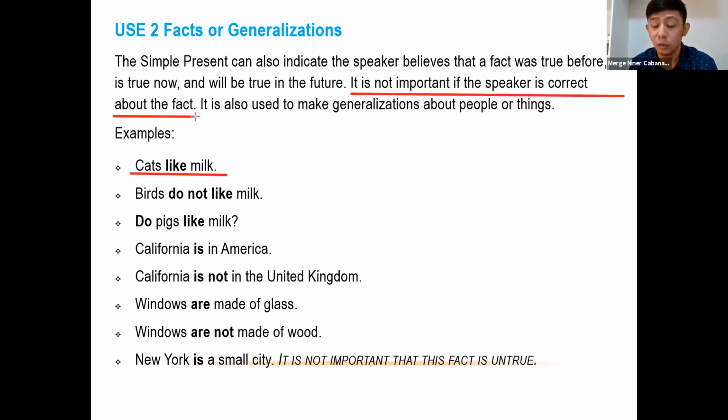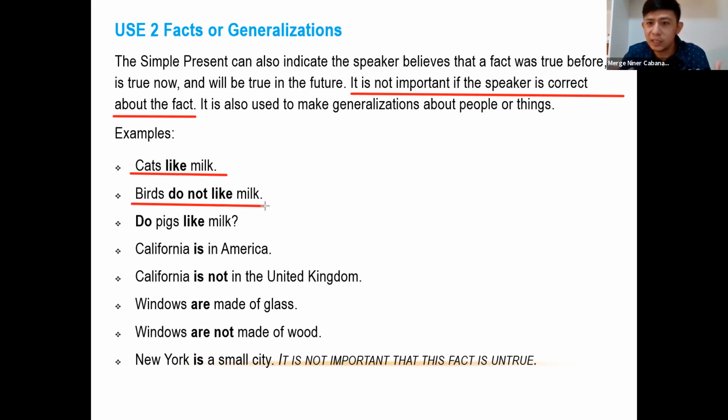What is important is that the speaker or writer believes that the fact is true. If that is the case, you have to use the simple present form of your verb. So, birds do not like milk. Again, sir, I have a bird and my bird likes milk. Again, this is overgeneralizing. I'm just stating the fact that I know.